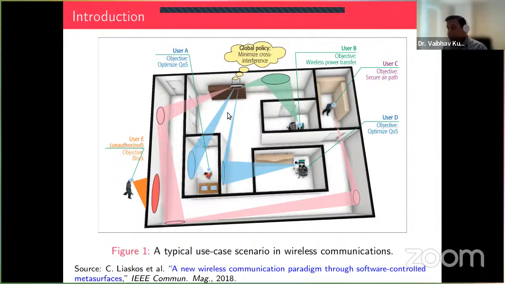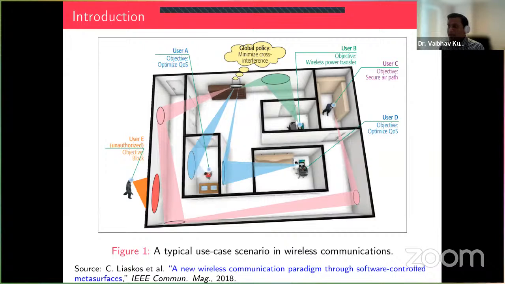But what happens in the conventional wireless system is, when these waves emerge out of the source, at that point of time we do not have control. It depends entirely on the antenna pattern, the radiation pattern from the transmitter antenna.